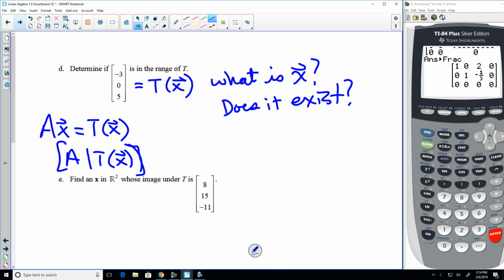If it's in the range, it's because there's an X that I can multiply A by and it'll give me this vector. Okay? That's not new, right? This question is new. The work is not new. You already know how to do it. Okay, so you just have to know what is being talked about here.